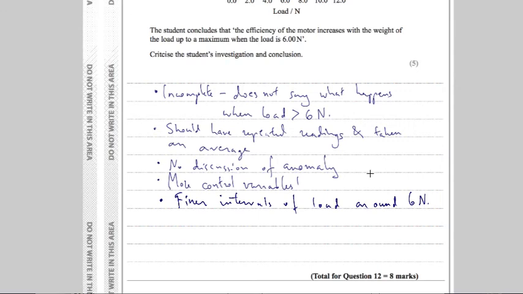It's very easy to forget small things, and when you're training yourselves to do exam questions like this, remember you are trying to appease an examiner, so you should try and look at what examiners want year in, year out. Next question.